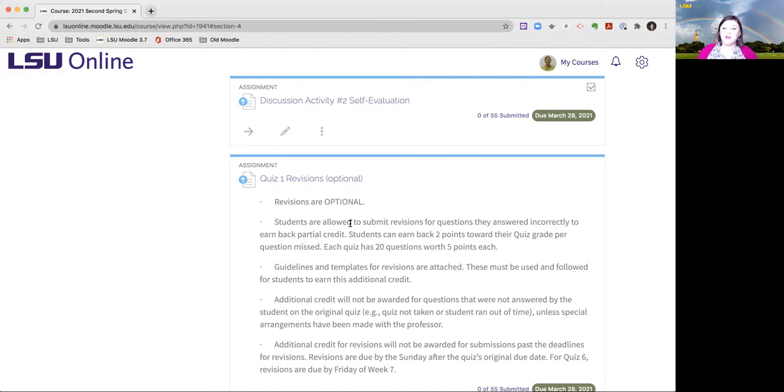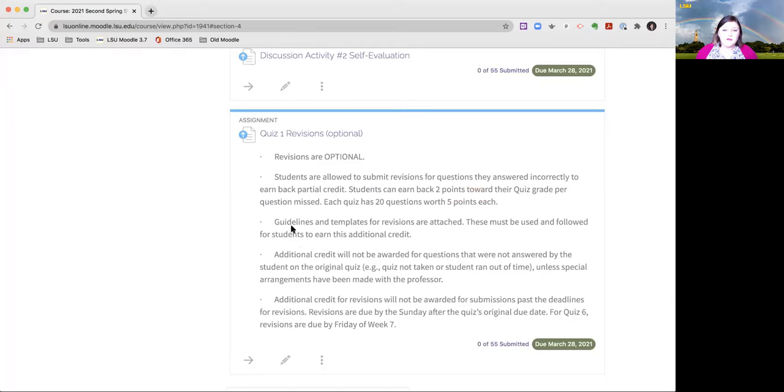Then you can earn up to 6 points back. All right. The guidelines and the template for the revisions are attached here. Additional credit won't be awarded if you did not answer the question on the original quiz. So if you ran out of time, those questions do not count, only ones that you answered incorrectly.